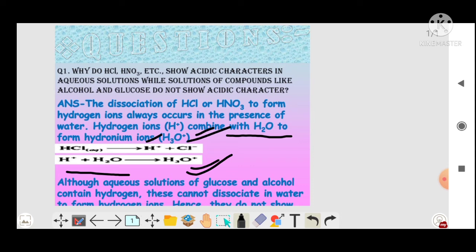So acidic character is not shown by alcohol and glucose in water solutions because they do not dissociate to form hydrogen ions.